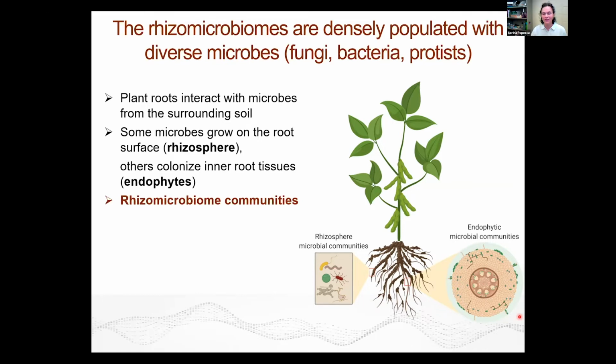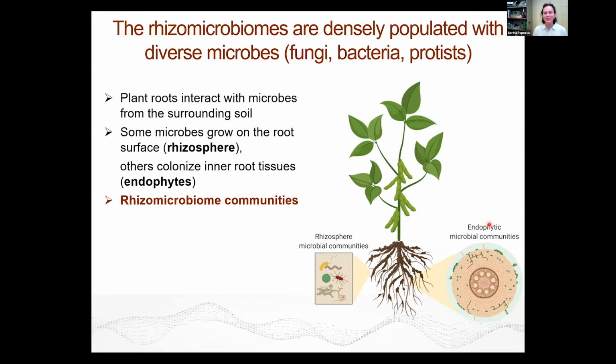And you see in this diagram here, these tiny red dots, these are microbes that are able to go inside the roots and start establishing and growing inside the plant. We call these endophytes. So together, the rhizosphere and the endophytes compose the rhizome microbiomes or root microbiomes or rhizome microbiome communities.